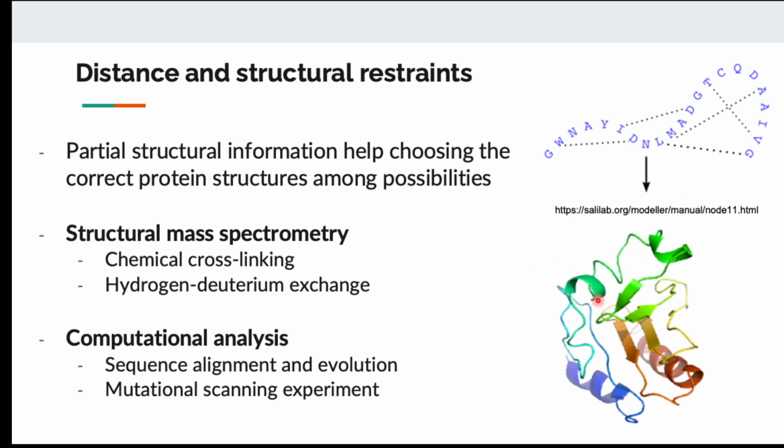Okay. Another source of information that helps us understand larger proteins is experiments like chemical cross-linking and hydrogen deuterium exchange that we learned about in the proteomics class. These techniques don't give us the exact structure, but they give us constraints, like maybe this W amino acid is nearby this D because of the cross-linking data or other experimental data.